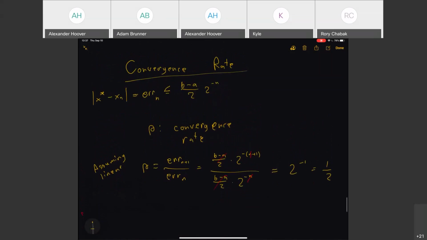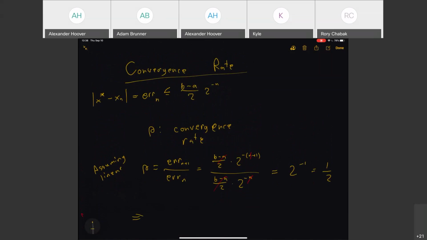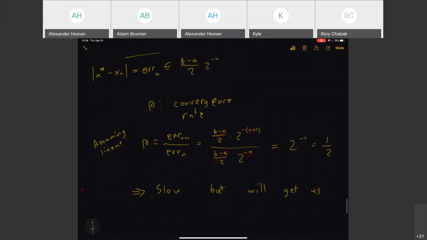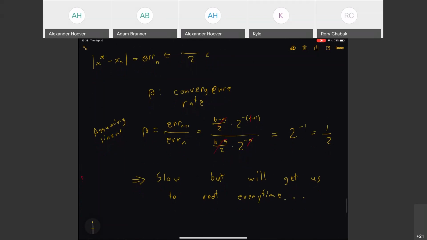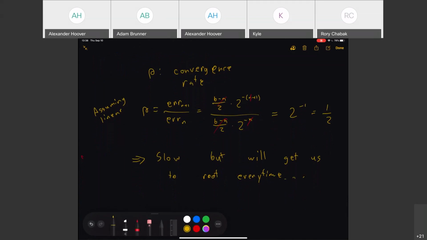So again, it's slow, but it will get us to the root every single time. Next lesson, we're going to talk about fixed point functions.